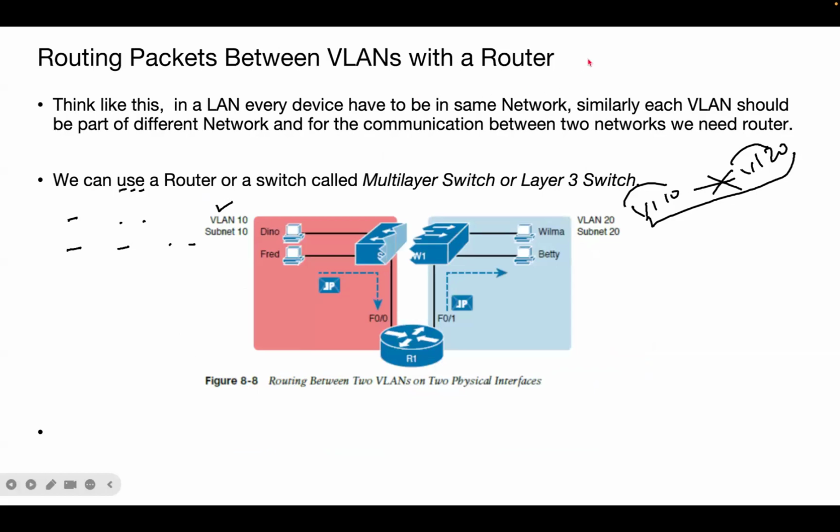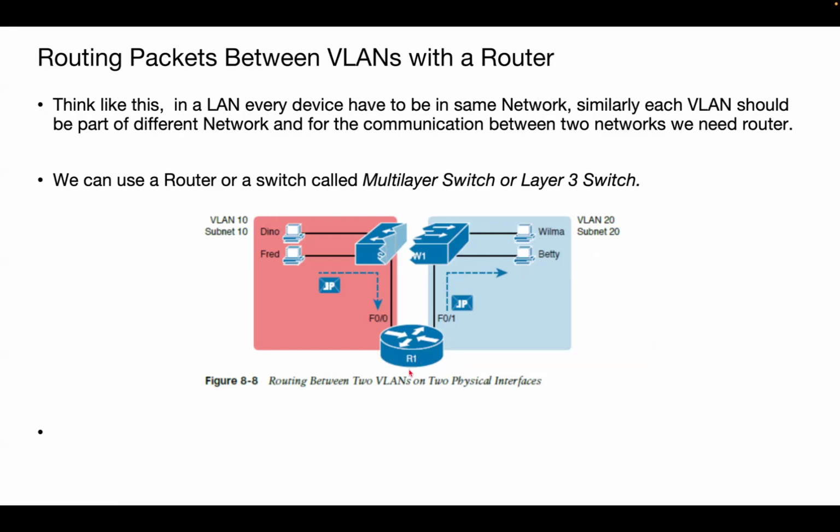So in router on a stick, what are we going to do? We'll be using an external layer 3 router. So using a router, I will be taking my traffic. Think like this. In a LAN, every device has to be in the same network. Similarly, each VLAN should be part of a different network for the communication.